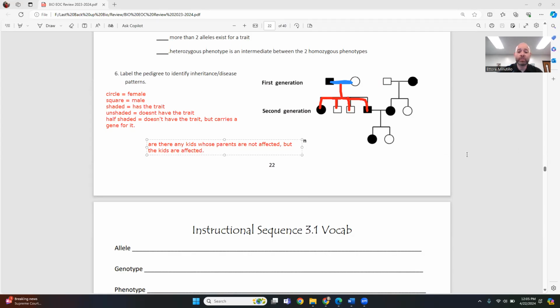What this is going to do is create a situation where if I had my parents as heterozygous, like big A, little a, I would be able to have a kid who had the trait and was recessive. If both parents were big A, little a, I'd be able to take a little a from both parents and have an affected kid.